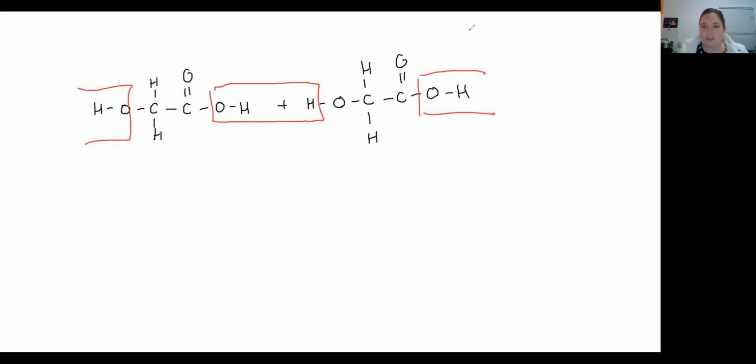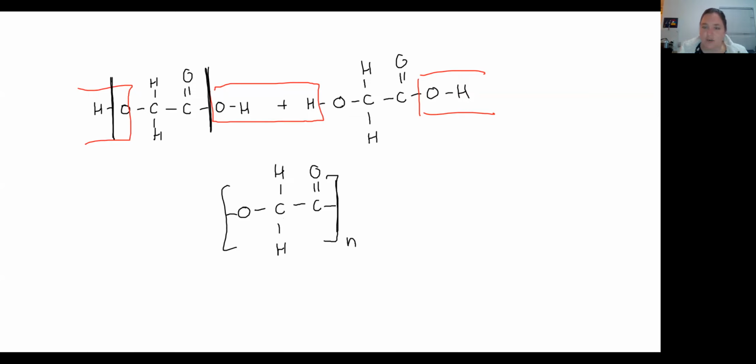So what you can figure out is we're going to have from here to here repeatedly, and that would then be our repeating unit. But as I've said, we don't specifically focus on examining this, so please don't stress too much.